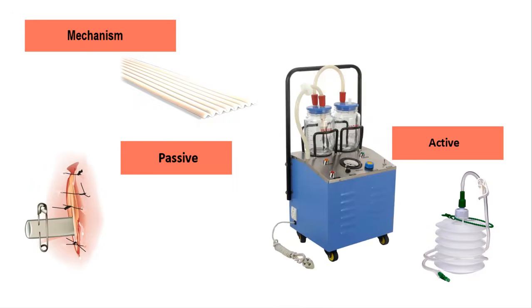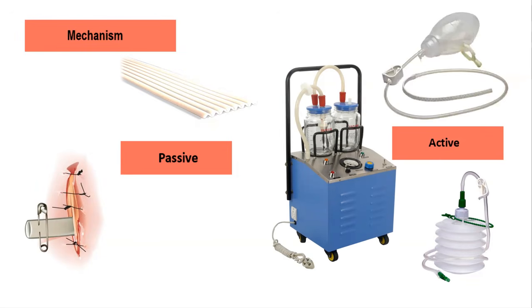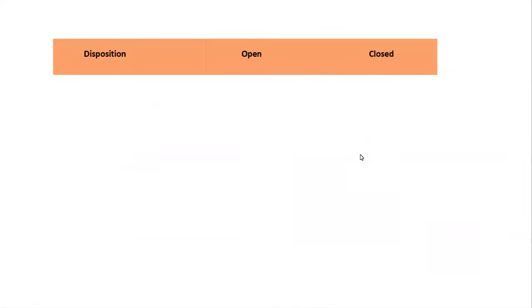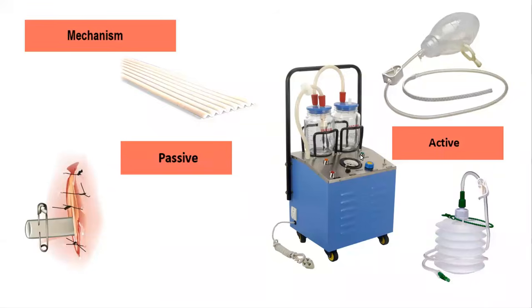And this big one is called a Surgivac, and this one is called a Jackson-Pratt drain. This drain is available in your hospital, and you see it on the ward many times.